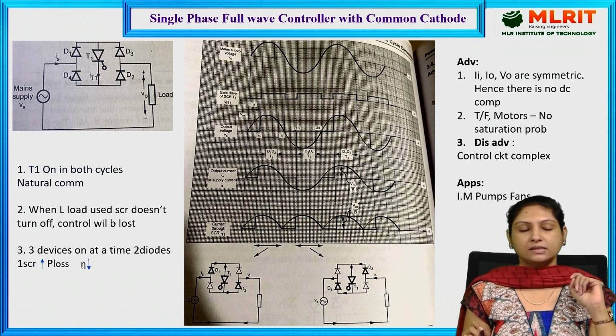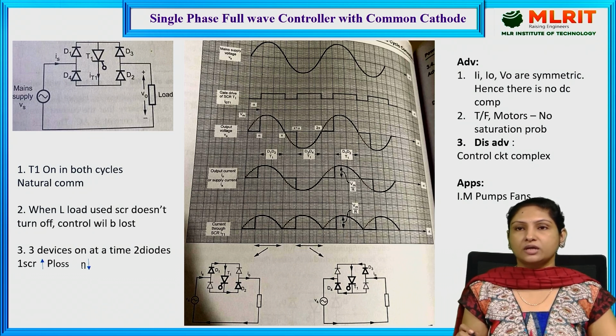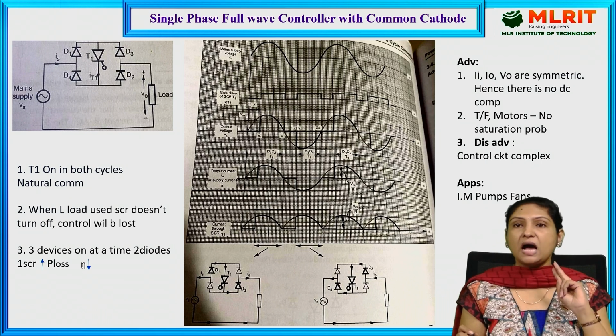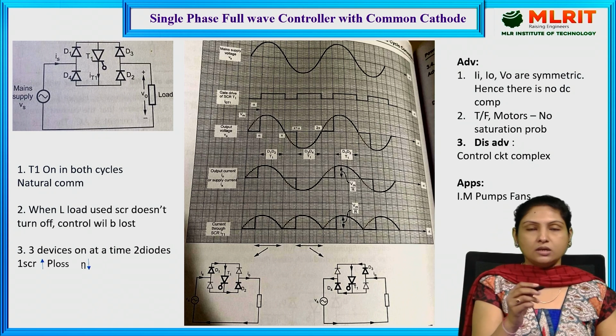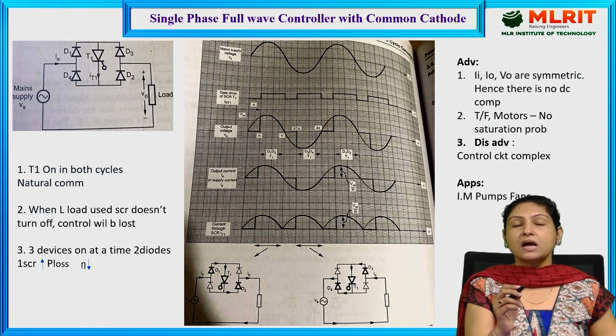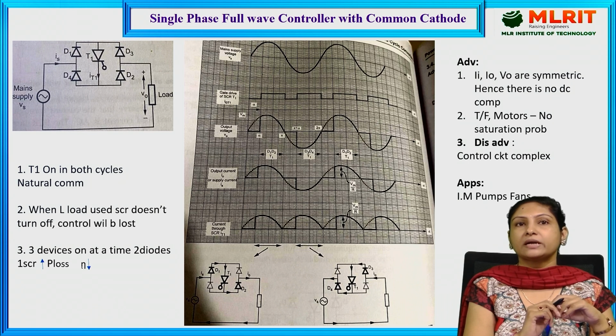So here the SCR will be turned on during any half cycle of the supply voltage. During the positive half cycle as well as the negative half cycle, T1 remains turned on.